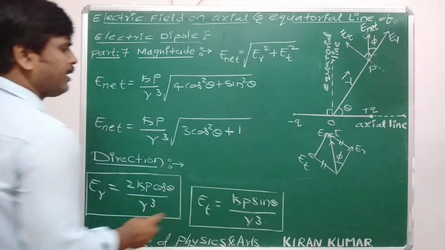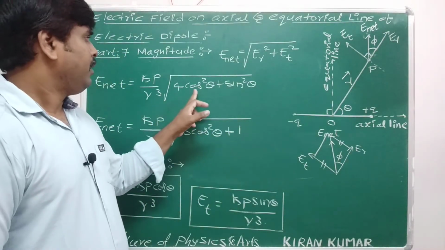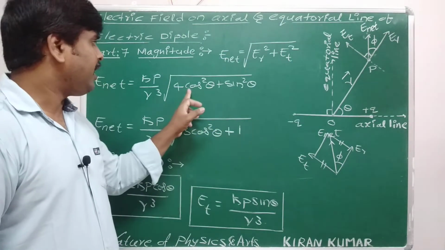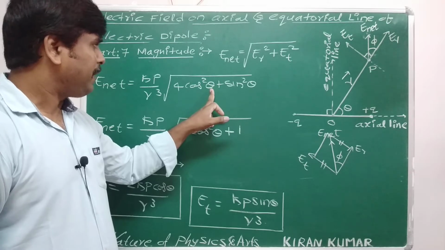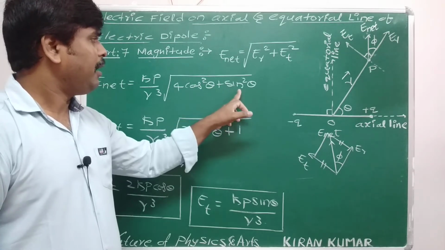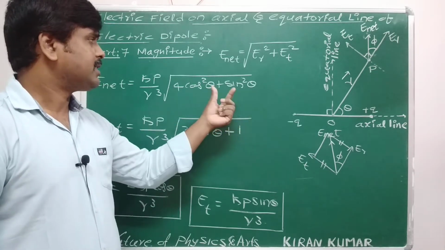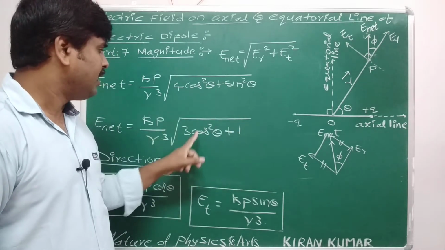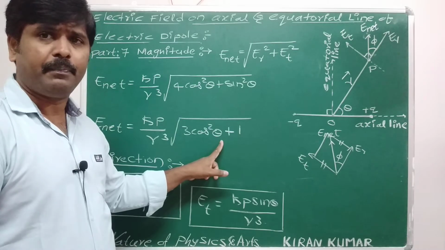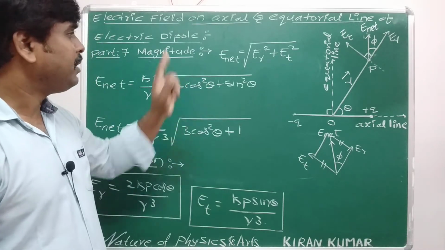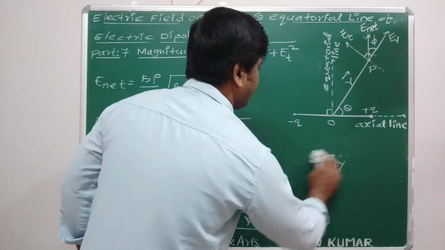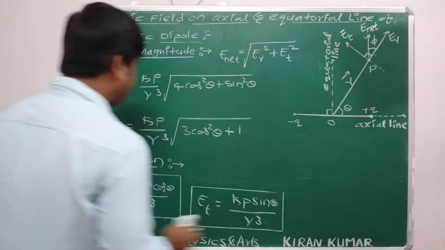Think practically: here the total is 4 cos square theta, so we can write 3 cos square theta plus cos square theta plus sin square theta. This cos square theta plus sin square theta is 1, and the remaining is 3 cos square theta only. This is the magnitude equation.